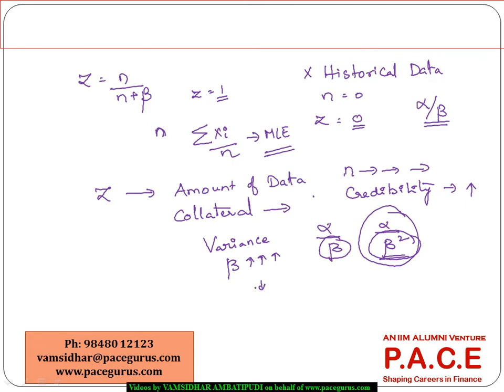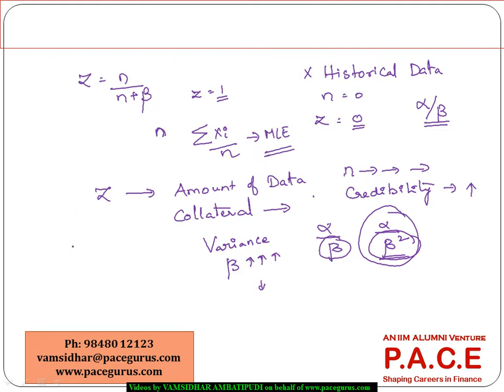So as beta is increasing, the reliability on the collateral is going to be much higher because the variance of the estimate is actually coming down. But for a lesser beta, probably the credibility factor is going to be much higher. So whatever is the Z that is coming out, this mechanism is clearly bringing out the relative reliability that is associated with both these estimates.